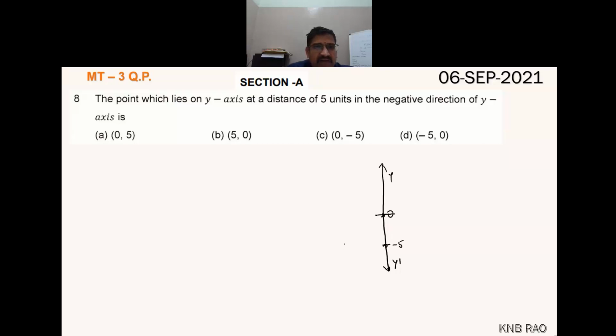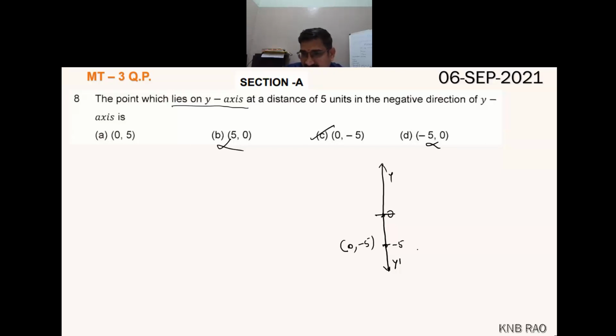The abscissa is 0 because it is a point lying on the y-axis. So 0 comma. So automatically these options are gone. Now it's in the negative direction, so minus 5 is the ordinate. So (0, -5) is the right answer.